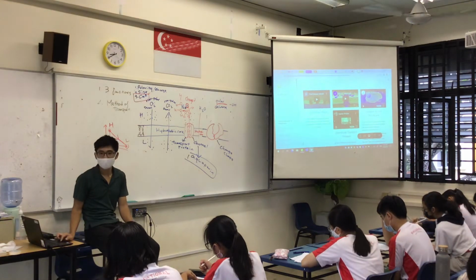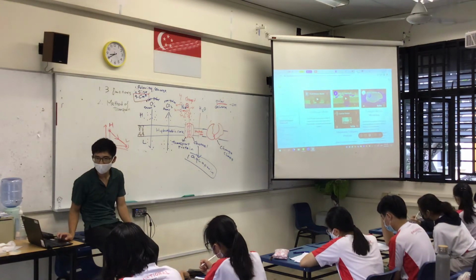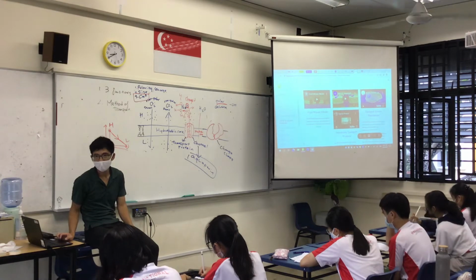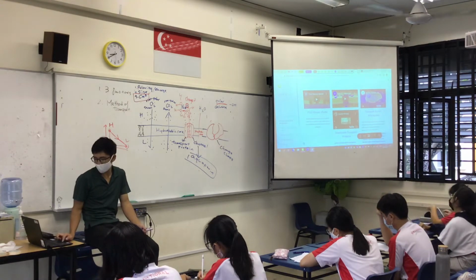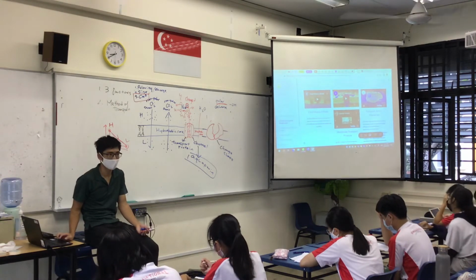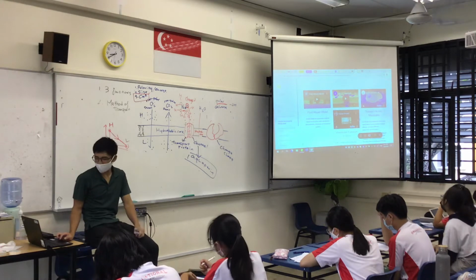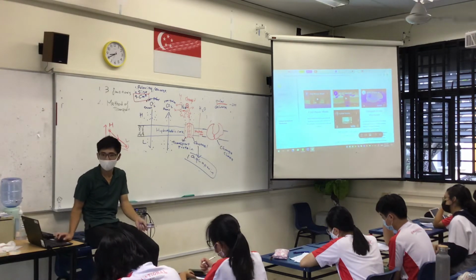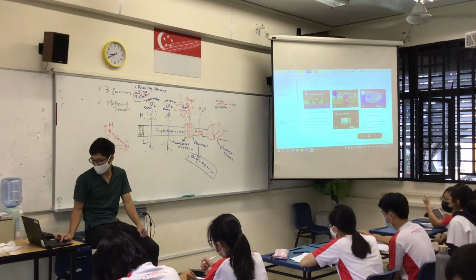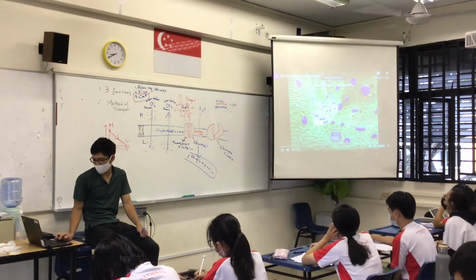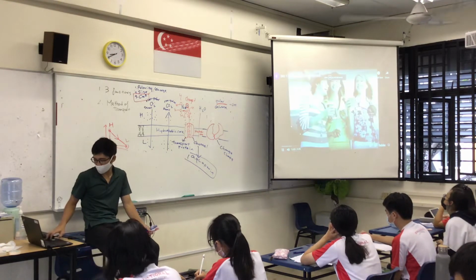Good question. How are you supposed to know if it's a channel or carrier protein? You look at the shape. Usually channel proteins are drawn in a certain way. I'll show you another video, perhaps it will help you see how we can depict it.